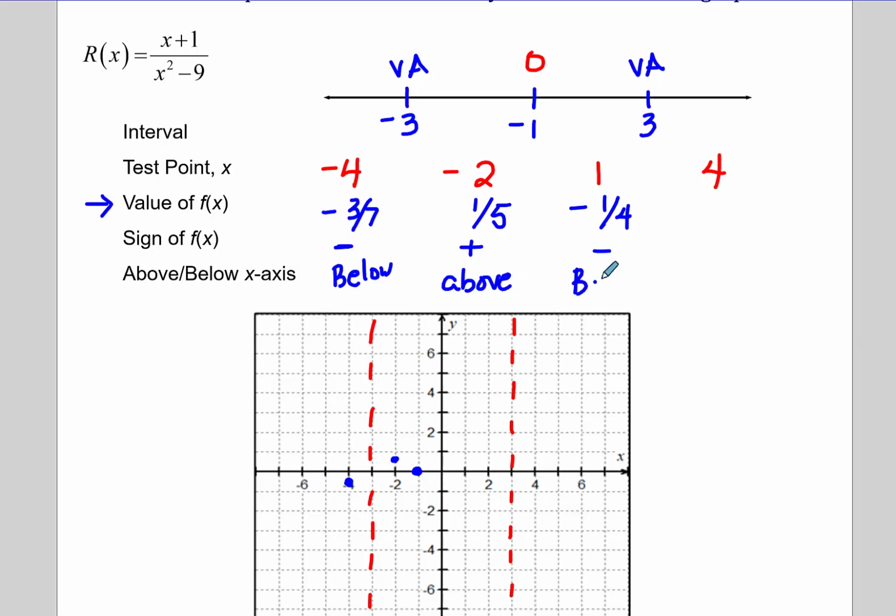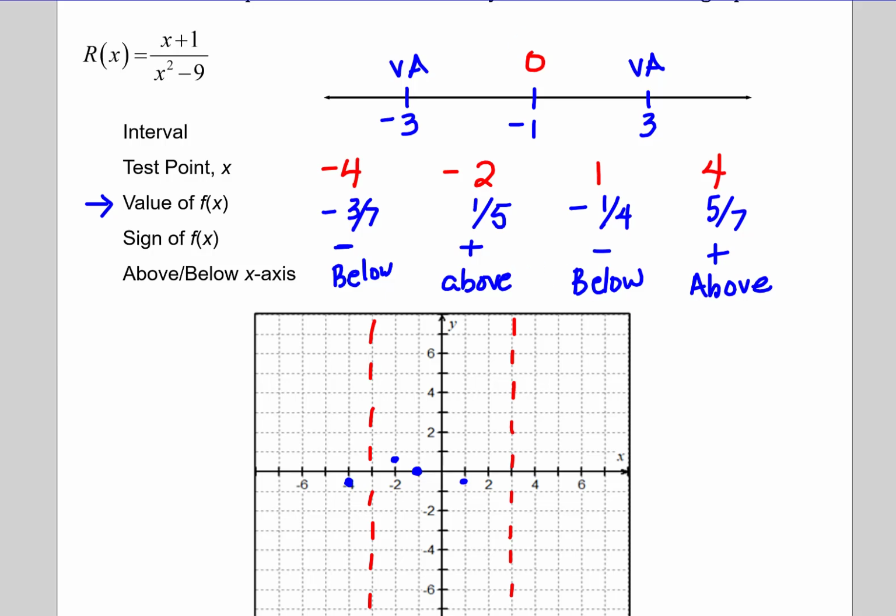So the graph would have to be below the x-axis on the other side of the y-axis. And substituting 4, we're going to end up with a +5/7. It's positive, so the function graph would be above the x-axis.